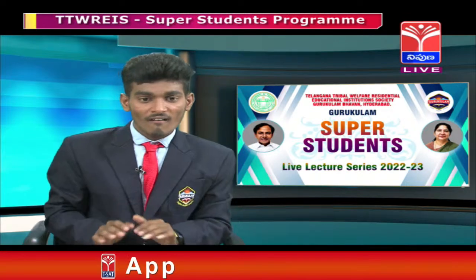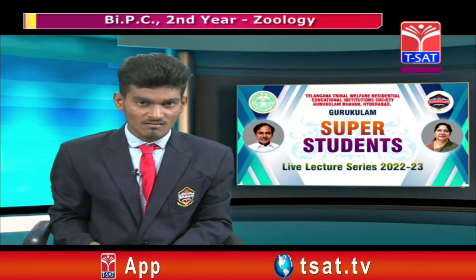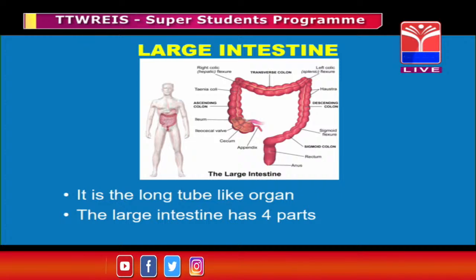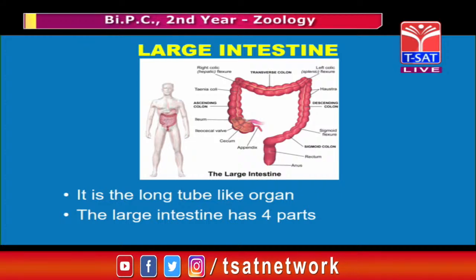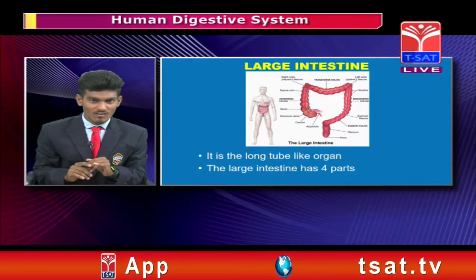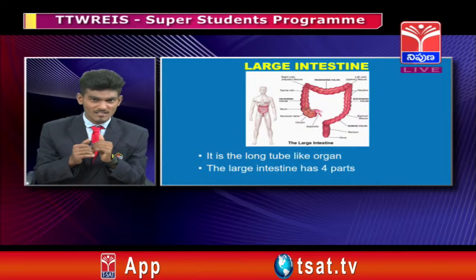Go through the next part, the large intestine. The large intestine has four parts. They are the cecum, colon, rectum, and anus. The cecum is a small blind sac with symbiotic microorganisms.